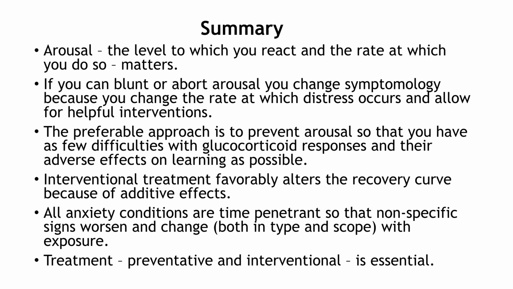You would like not to have to keep trying to learn something and not being able to do it because the only thing you make is a non-functional protein which doesn't do anything for learning new memory. Interventional treatment favorably alters the recovery curve because of the additive effects as you're getting worse and because of the downslope effects on the recovery curve.